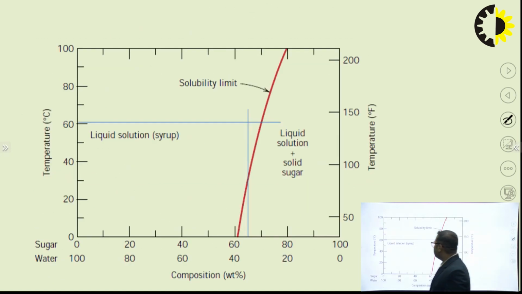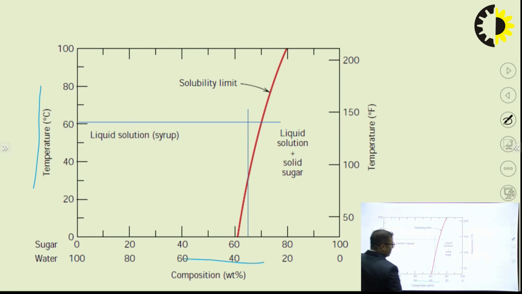Here you can see a graph made between temperature and composition. We are adding sugar to water. Here the sugar content is going to increase, and in this manner the water content is going to decrease.